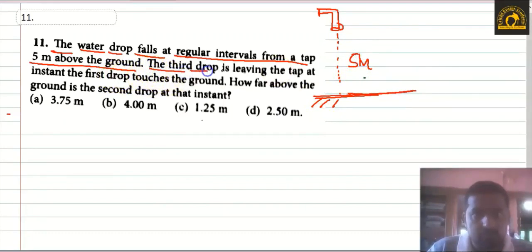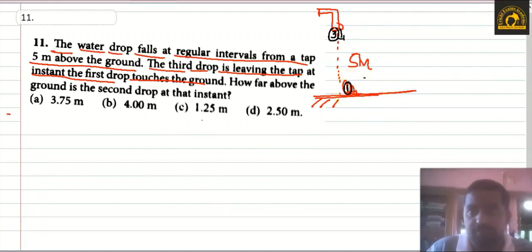The third drop is leaving the tap at the instant the first drop touches the ground. When the first drop touches the ground, the third drop is leaving the tap.